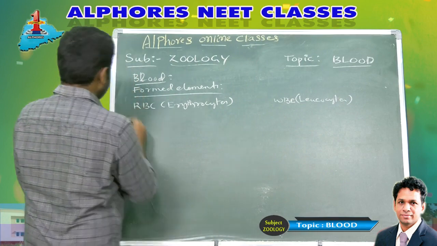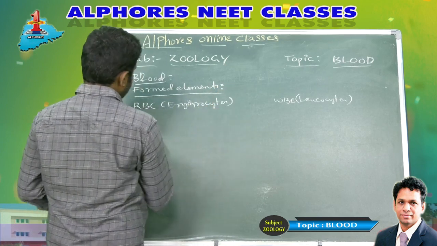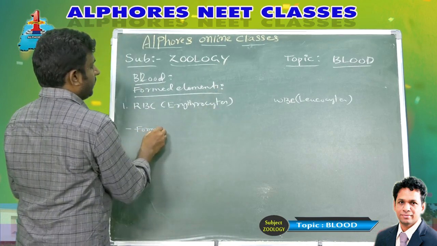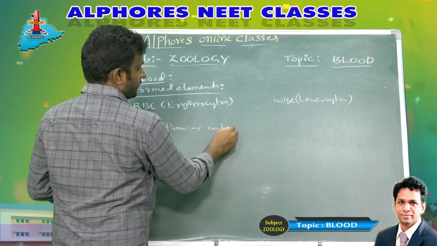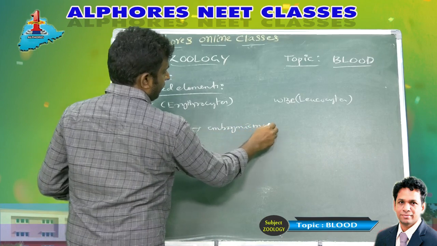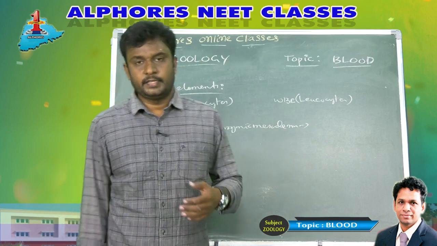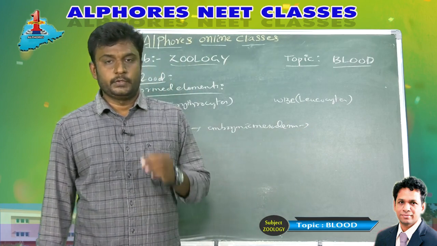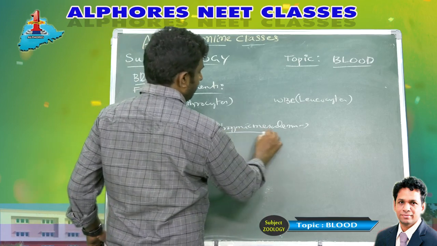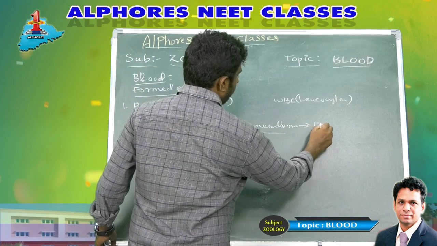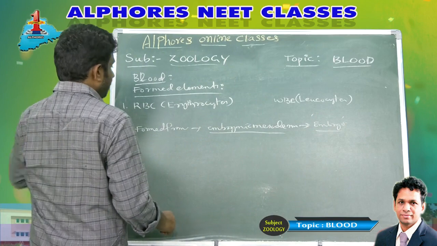So first we look at the RBC. Generally, these formed elements are formed from the embryonic mesoderm. In the embryo, when the baby is present inside the mother, in the starting stages, these formed elements are formed from the embryonic mesoderm.